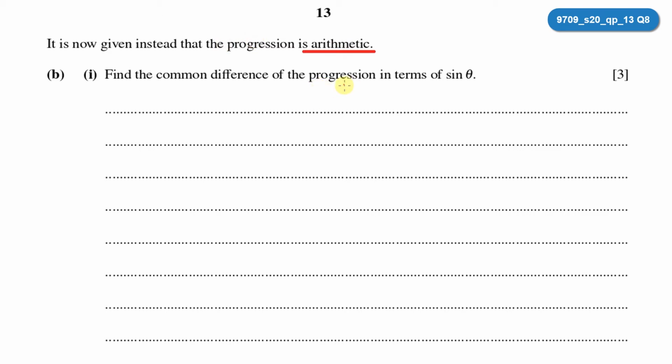So the key word here is that we now have an arithmetic progression. And we know that for an arithmetic progression, the first term can be denoted by a, and from the question, that's sine squared theta. And the second term, which is denoted by a plus d, is, according to the question, sine squared theta cos squared theta.